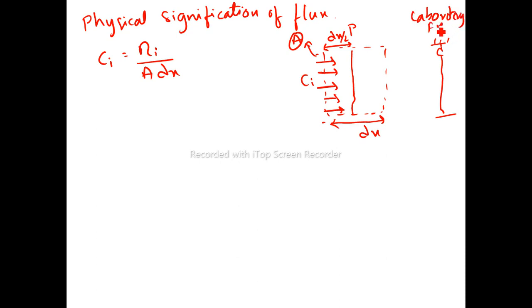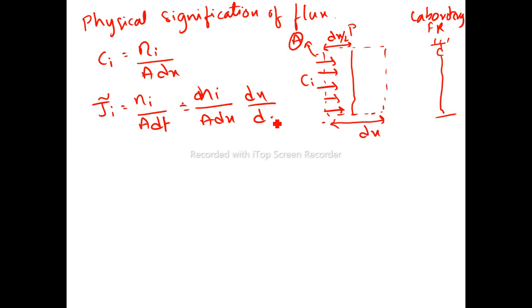From the definition we can write J tilde of I is given by Ni, the number of atoms passing per unit area per unit time, and we can also write this in the form of Ni by A into dx by t, multiplying and dividing by dx.